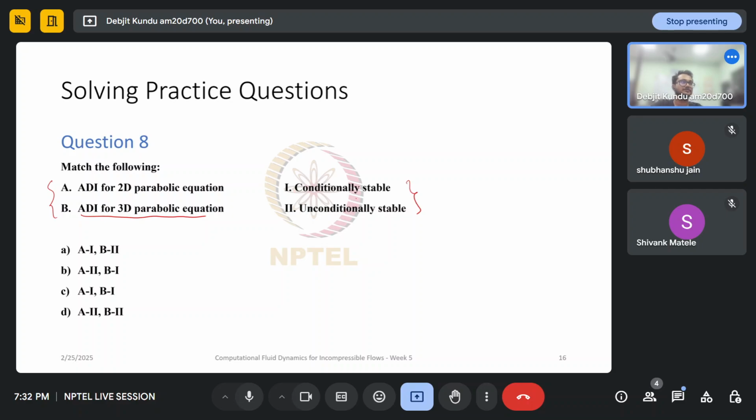So the first one being conditionally stable, and the second one being unconditionally stable. So what should it be? And over here, there can be repetitions. So as you can see in options C and D, it could be that both A and B correspond to 1, which is conditionally stable, or there could be option D, that is both are unconditionally stable.